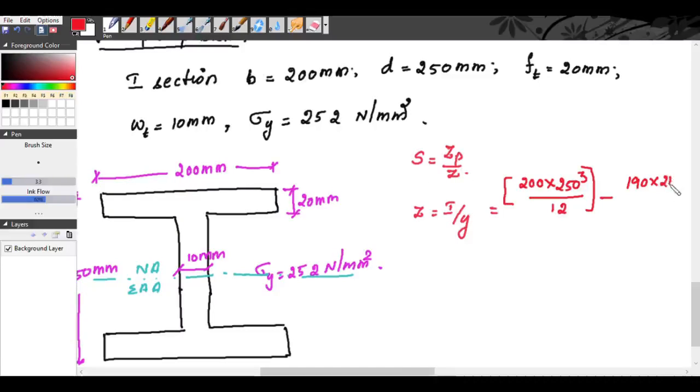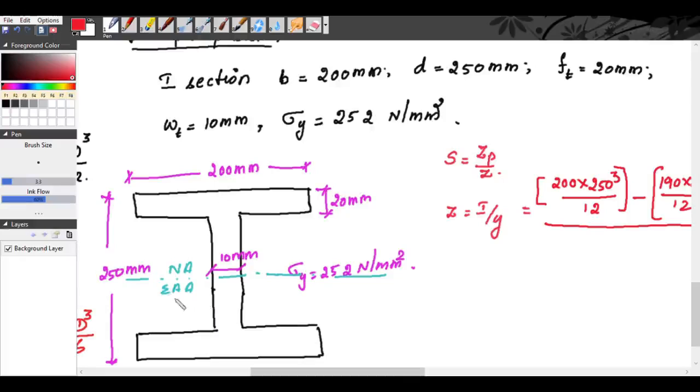So 210 cube divided by 12, divided by y. Y is the distance from the neutral axis to the extreme fiber.